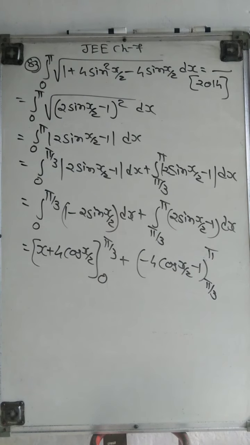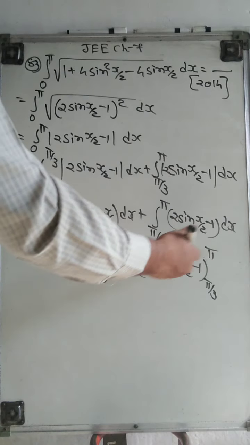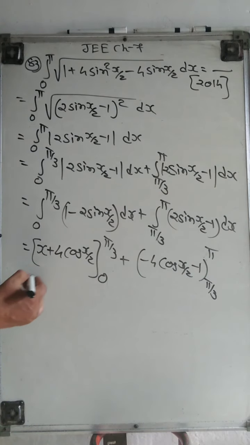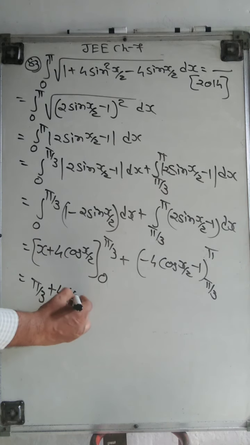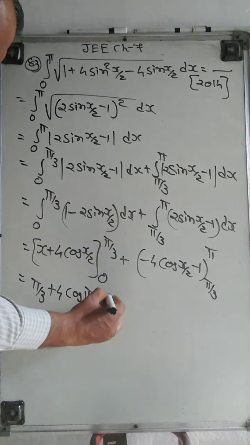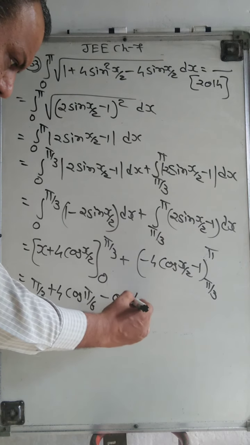Right? Now we simplify, but here we take the negative sign common and interchange the limits. Pi by 3 plus 4 cos pi by 6 minus 0 minus 4.